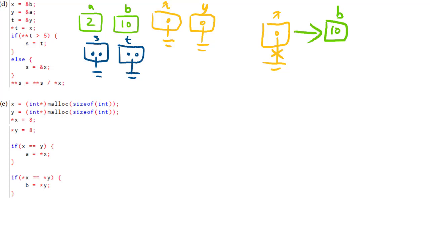And then secondly, we have our y. Our y is also a pointer. Initially it's pointing at null. We need to cross this out. Then it's going to point to a. The a will be 2. Our a is 2. Then later, t is equal to address of y. Our t is a double pointer.